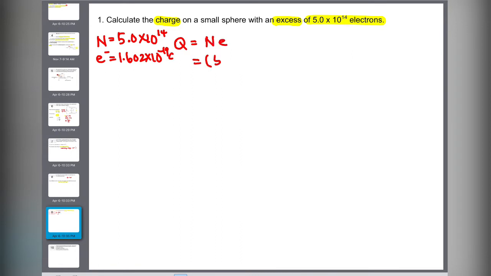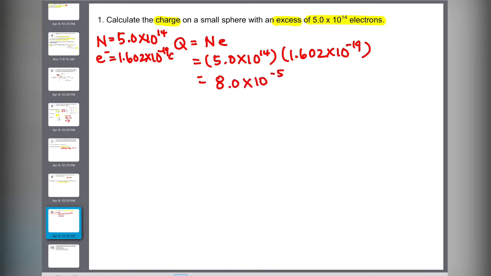This is just a straightforward multiplying equation. So 5 times 10 to the 14 times 1.602 times 10 to the negative 19. With 2 significant digits, that's 8.0 times 10 to the negative 5 coulombs.